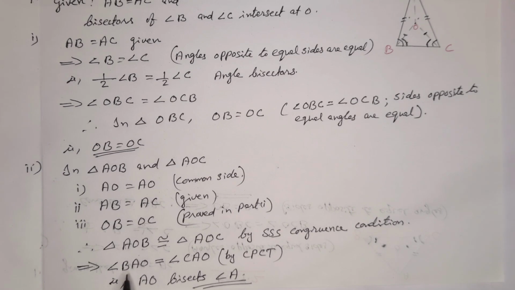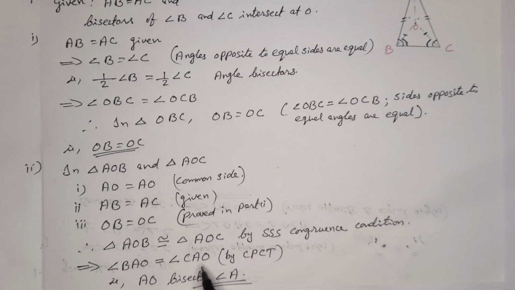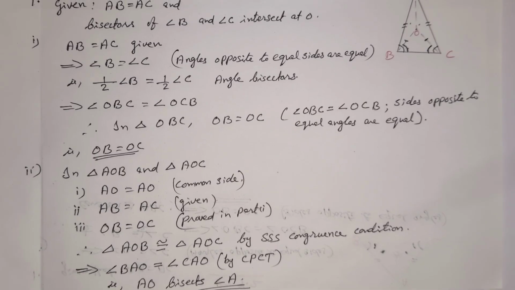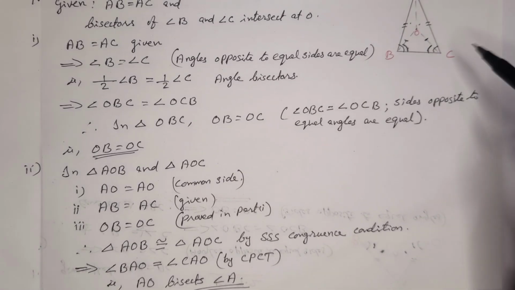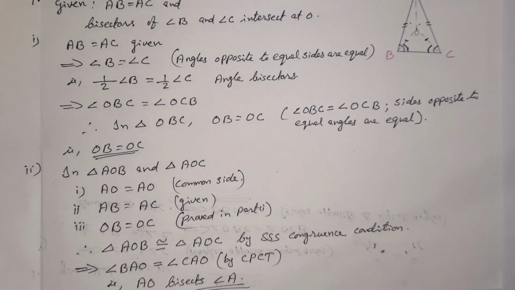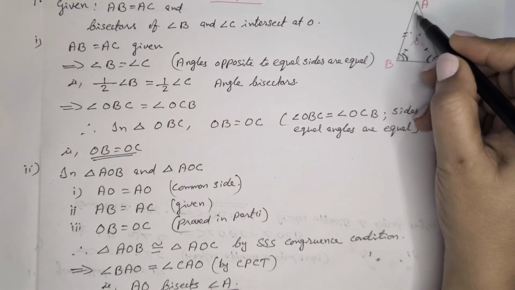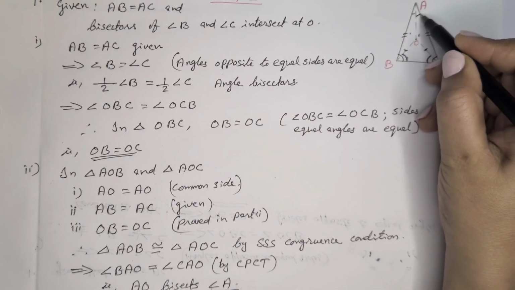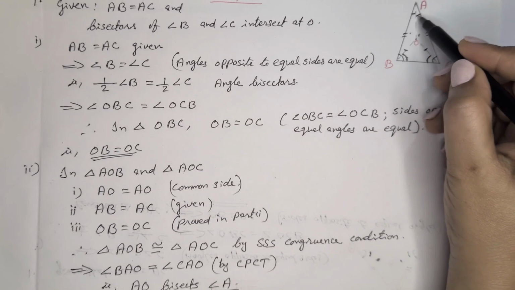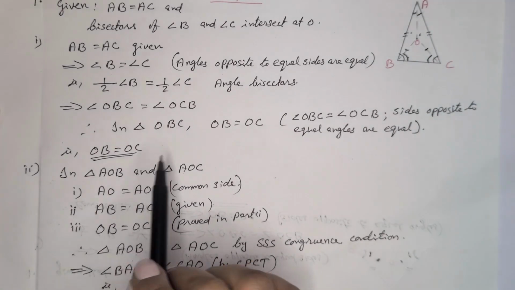And therefore, we can write this angle BAO is equal to angle CAO by CPCT, which means AO bisects angle A. So here first we proved these two triangles are equal, and then these two angles are equal by CPCT. If these two angles are equal, which means OA bisects angle A. That's the second part.